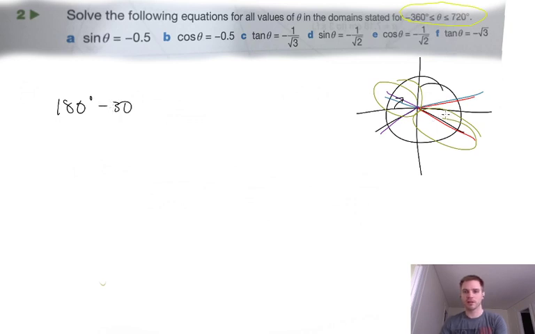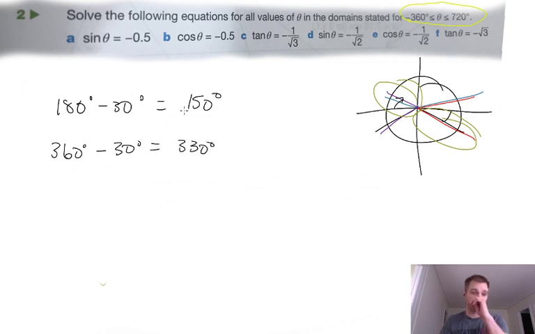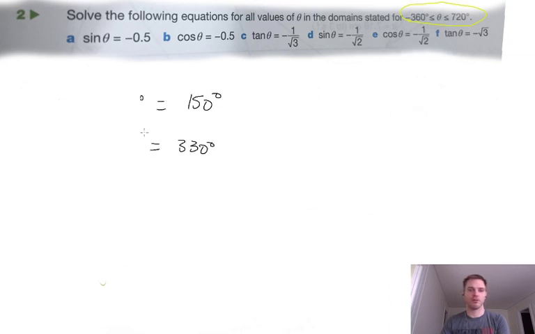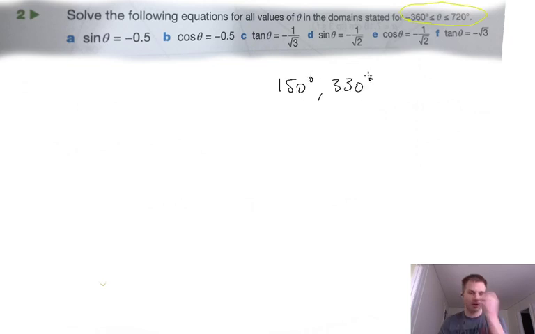And this is 30 less than 360. Okay, these are our reference angles for part C, 150 and 330.